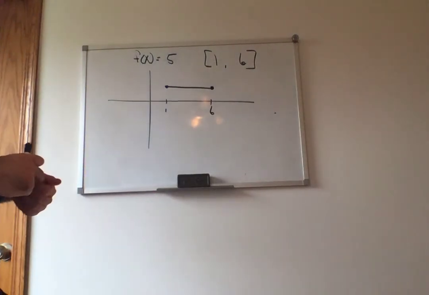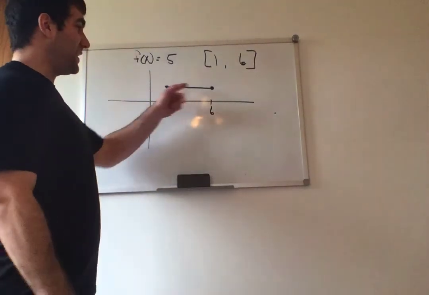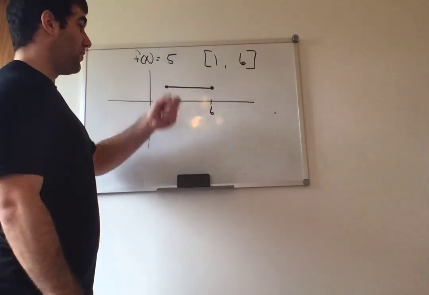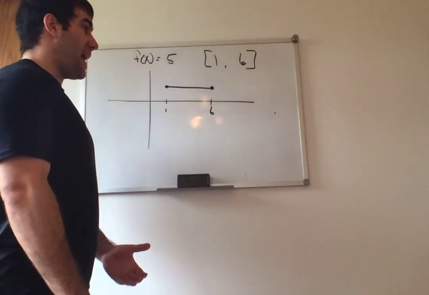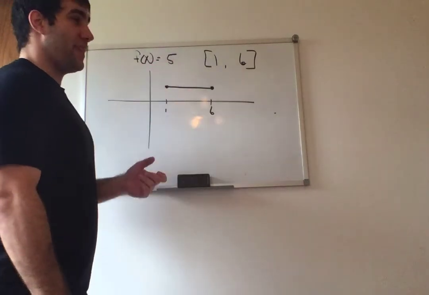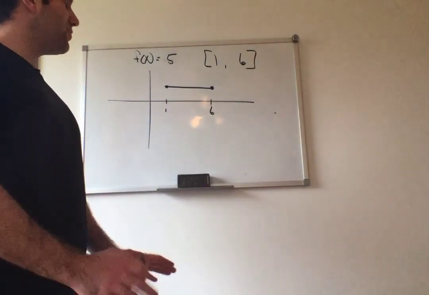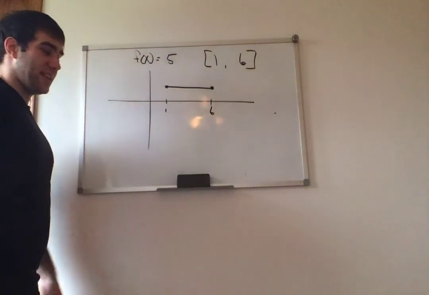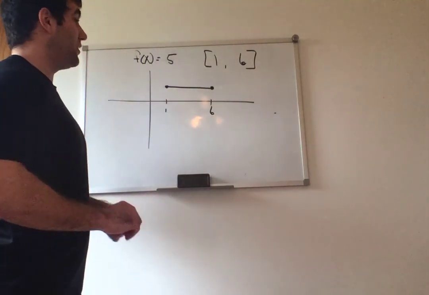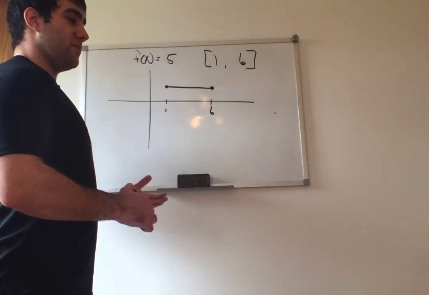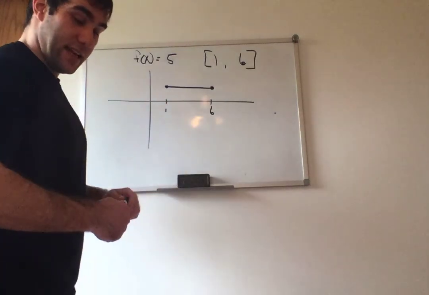It still satisfies the conditions of the Extreme Value Theorem. It's continuous on the closed interval from 1 to 6. In this case, the absolute maximum is 5 and the absolute minimum is 5, and it occurs everywhere. Okay, these are just strange examples, really simple examples, okay? But it still worked. The Extreme Value Theorem worked. Usually we're more interested in different examples, ones with more hills and valleys in them, okay?